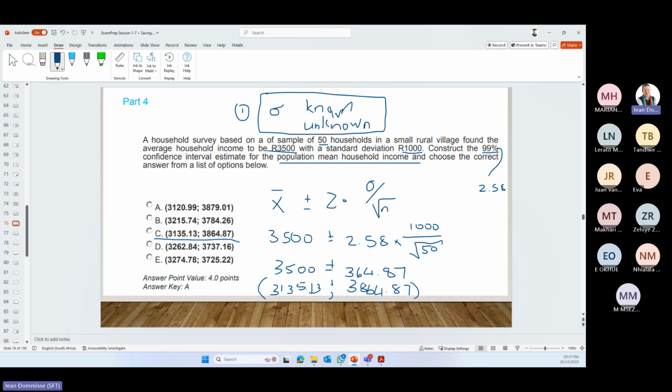Okay, so let's just quickly check again. Where in the question did they tell us it's known? Where in the question do they tell us that the standard deviation that we know is a population standard deviation?